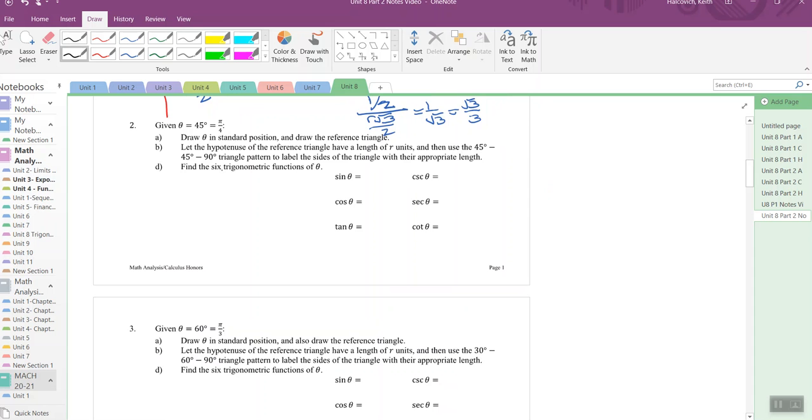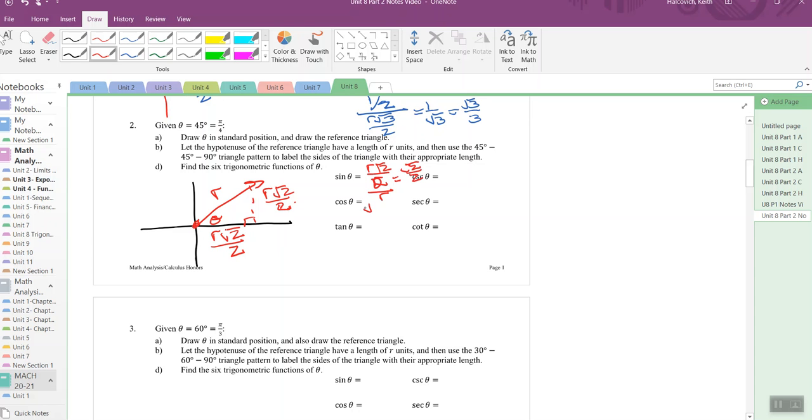You could do the same thing for 45 degrees. So that's theta. So then you have, this is r, so then you have r over rad 2, which is basically r rad 2 over 2 when you rationalize it. So then, when you do r rad 2 over 2 over r, it's going to give you rad 2 over 2.